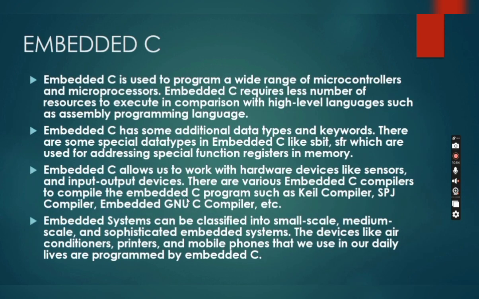Embedded C. Embedded C is used to program a wide range of microcontrollers and microprocessors, because it is processor independent, that is, it is not specific to any microcontroller or system. It can work on various hardware configurations, and it also doesn't require the same set of hardware to run a program, and it is platform independent, whereas the applications written in other languages are not.